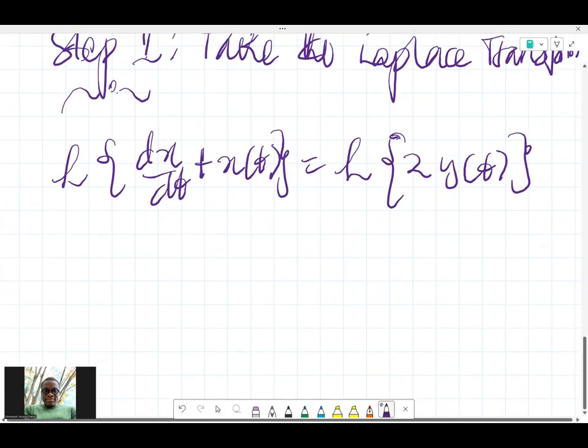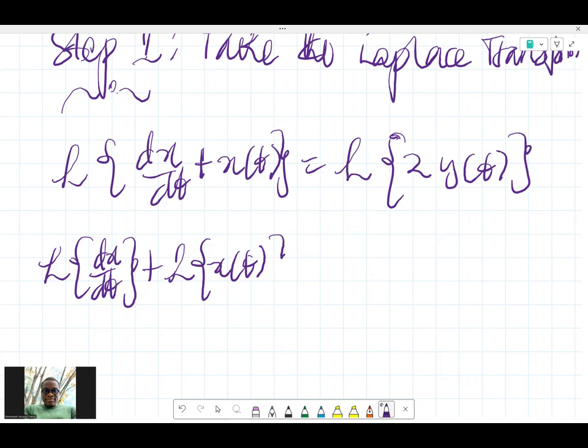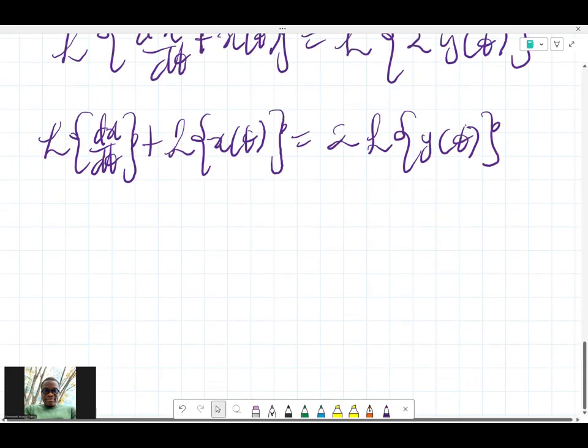So we have Y(s), which will now be common to the other side. Here we have the Laplace of dx/dt plus the Laplace of x(t) equals 2 times the Laplace of y(t).